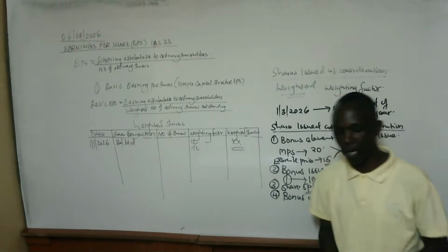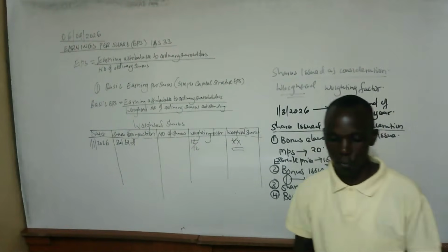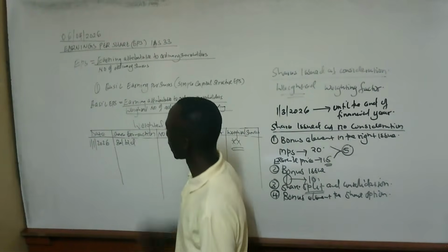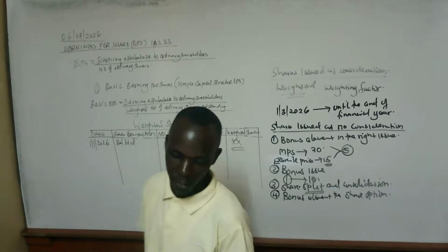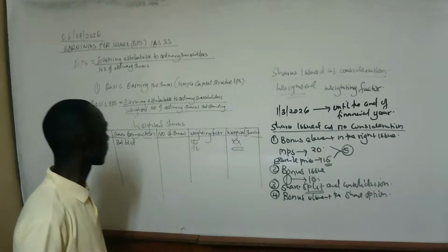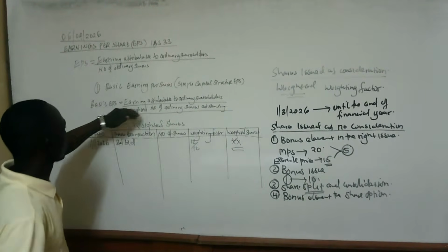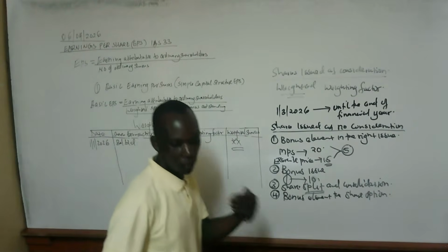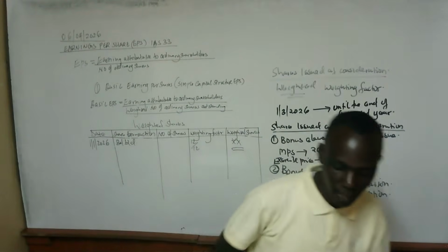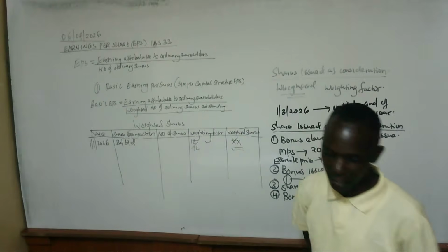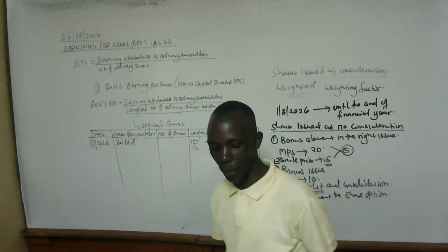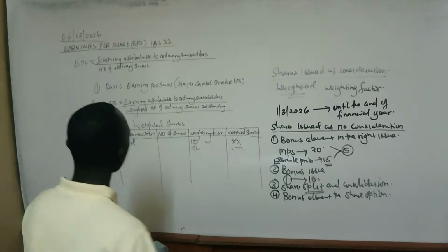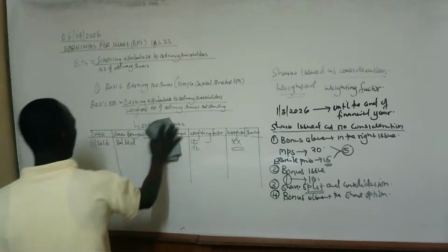So those 4 items are very important when it comes to the calculation of the basic EPS. And we have said that to calculate the basic EPS, we take the profit attributable to the ordinary shares, then we divide by the weighted number of ordinary shares outstanding. So that's all about the basic EPS.